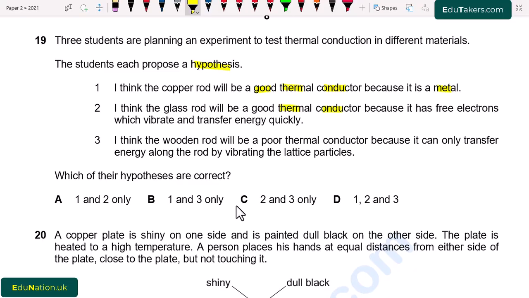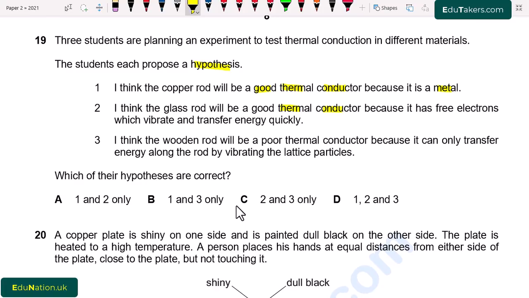I think the glass rod will be a good thermal conductor because it has free electrons which vibrate and transfer energy quickly. 3. I think the wooden rod will be a poor thermal conductor because it can only transfer energy along the rod by vibrating lattice points.